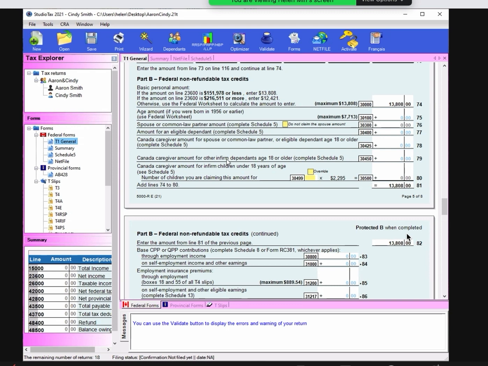Another complicated thing is that my father and my mom, when they do their tax return, they are one unit. My mom claims my father's spouse amount, and my father claims my mom as a spouse.